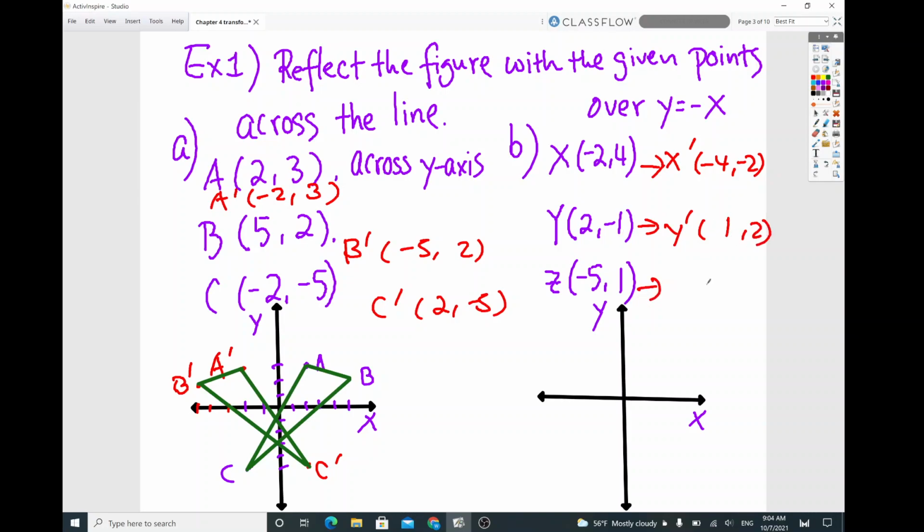And then the other one, Z prime: switch the x and y values, negate the x value, so negative 1 comma negative 5 becomes negative 2 comma 4. Basically just plot those points. Right up here, 2 comma negative 1. Negative 5 comma 1.